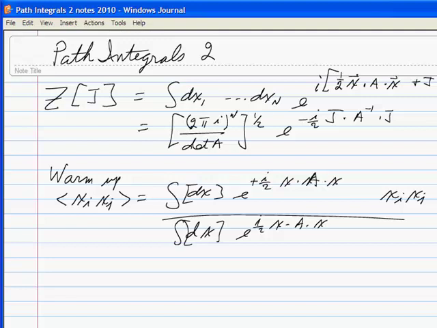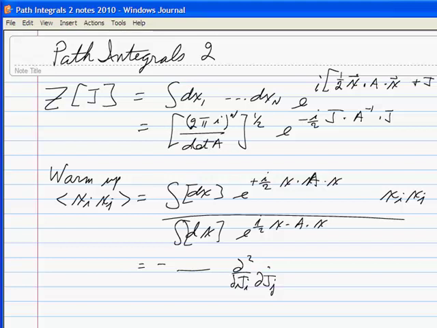But if you temporarily give it a j, and you go up to this form up here, you can get this xi and xj by differentiating with respect to j sub i. So this is minus the derivative with respect to j sub i, the derivative with respect to j sub j, of z of j.